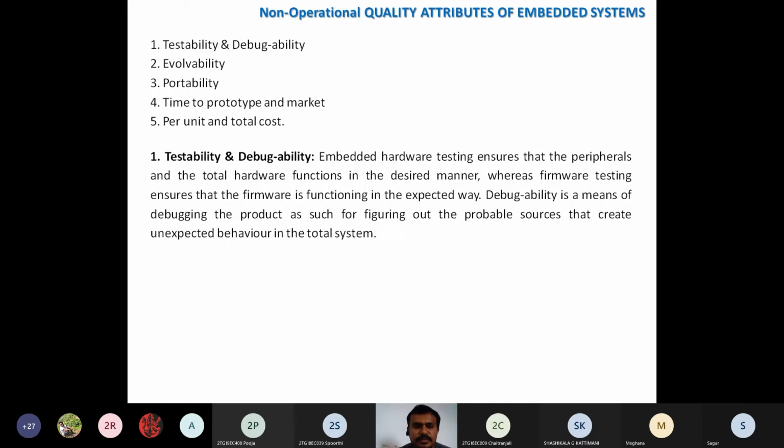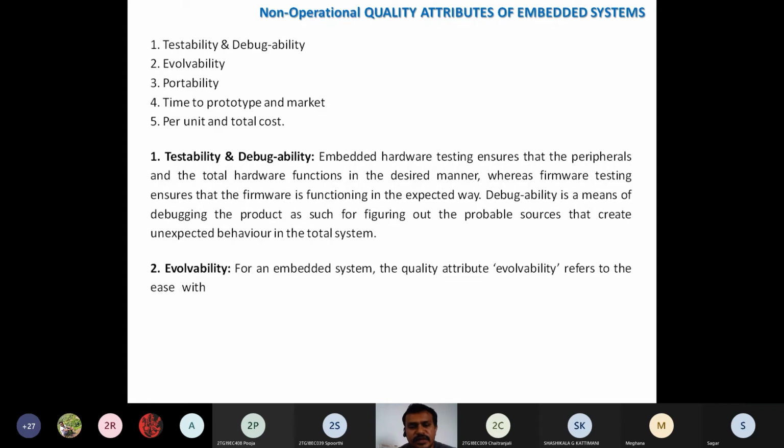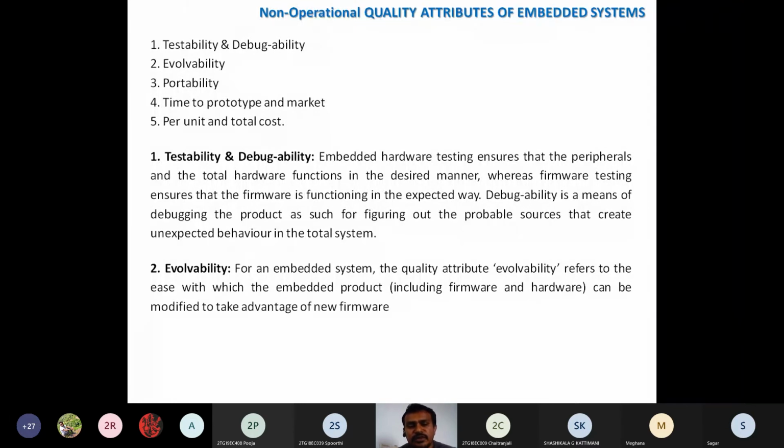Evolvability. The evolvability quality attribute for an embedded system refers to the ease with which the embedded product can be modified to take advantage of new technologies.